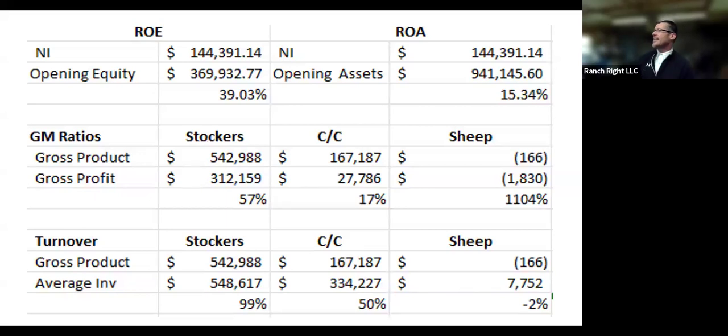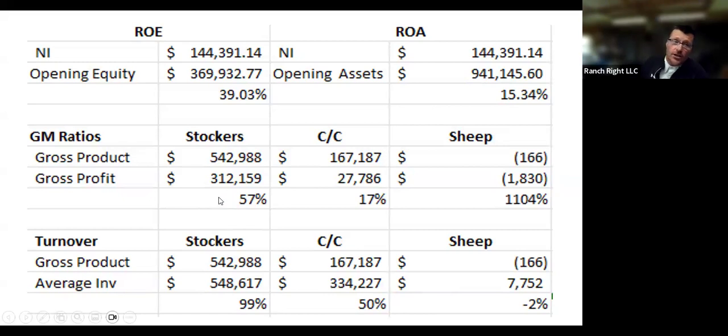Okay, this business has, again, we're pretty significantly leveraged in this business. This is a smaller business with a smaller return on assets, right? Net income still positive. We have pretty good stocker gross margin. I would classify that as okay, not really up to standard, but depends on the context.